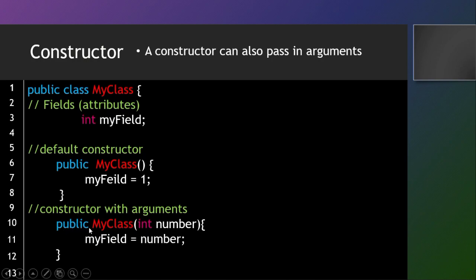We have public MyClass, and then we have int number. Like I said, constructors are special kinds of methods. So if it's a method, it can pass in values, right? So we have int number there. Open our fields, and then we can assign the field that we have declared in our data fields as number. So you can declare it as so.